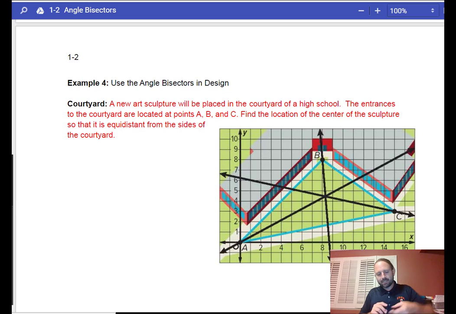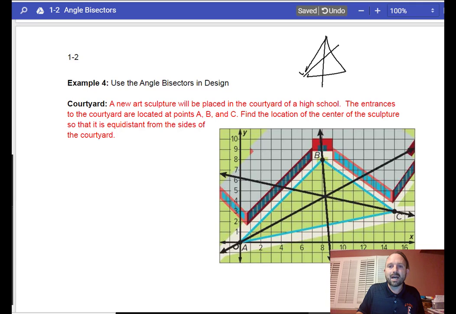If we were given this on a test, we would see these and we'd have to bisect them. Then, remember from that quiz that we had, the angle bisectors would give us the one location to draw the circle. Except we don't have to draw the circle. The point would be our in-center right there.